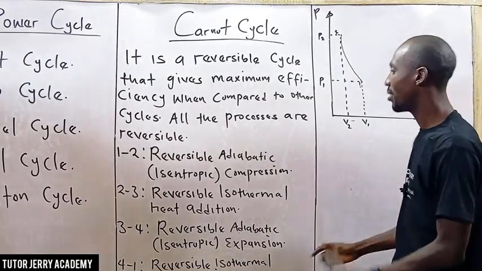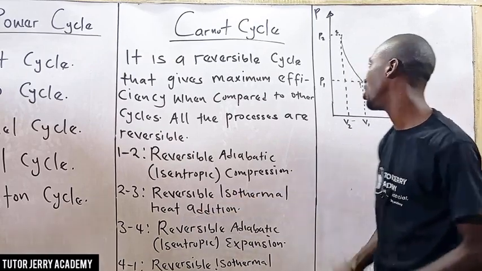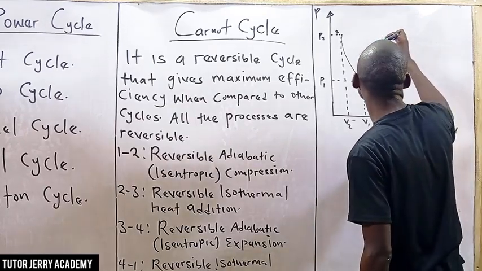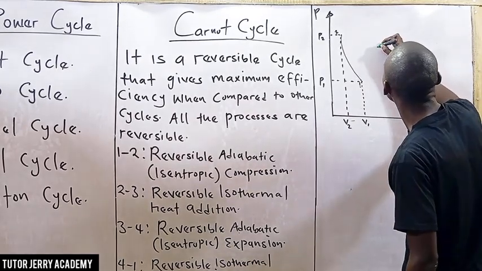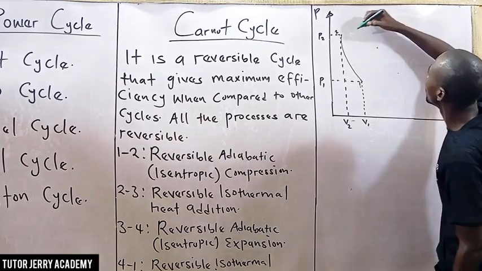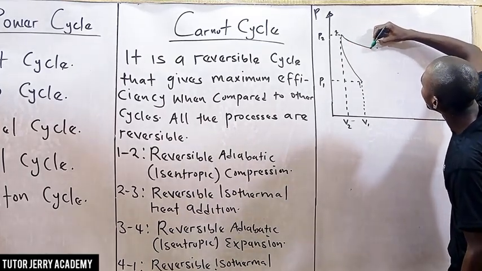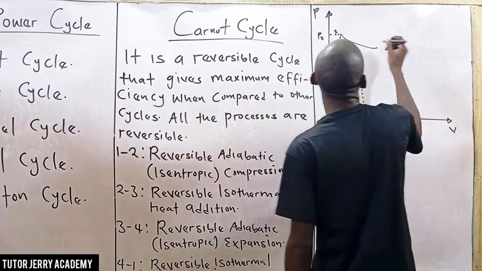All right. So now the next step is we have reversible isothermal heat addition. So here we have another process here. Here is going to be 2 to 3.